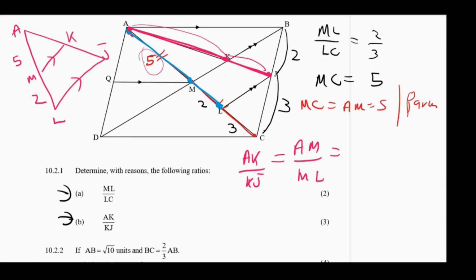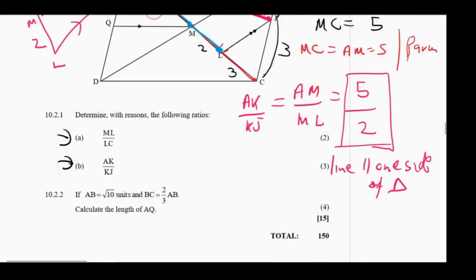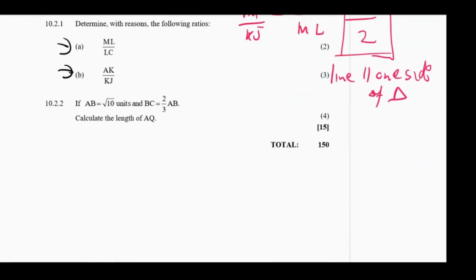This 5 here. So it's going to be 5 divided by ML, which is 2. So this would be a solution for this problem here. And we can simply write the reason as line parallel to one side of triangle. Cool.